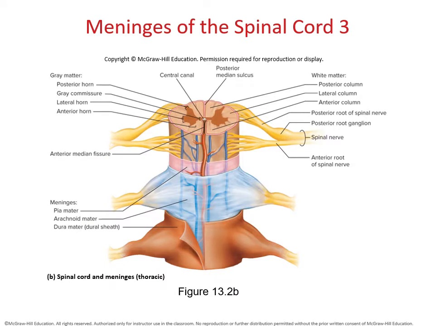Alrighty. Here is another look at the meninges, and please keep in mind that these are the same meninges that you will find in the brain, and they will be in the same exact order. So the dura mater will be the tough outside one. It's really more of a connective tissue.